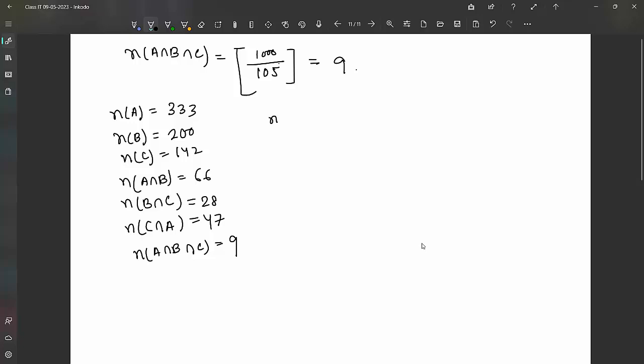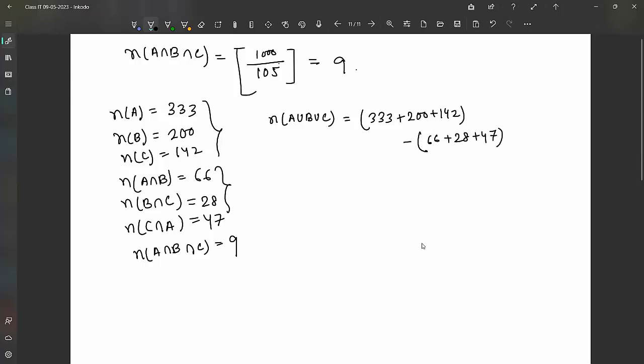So by the principle of inclusion-exclusion, N of A union B union C is the sum of the single elements, 333 plus 200 plus 142, minus the sum of the two-element intersections, 66 plus 28 plus 47, then plus the three-element intersection, 9.